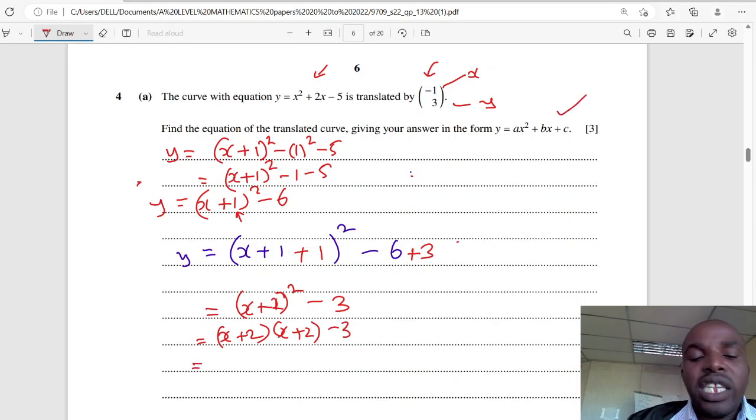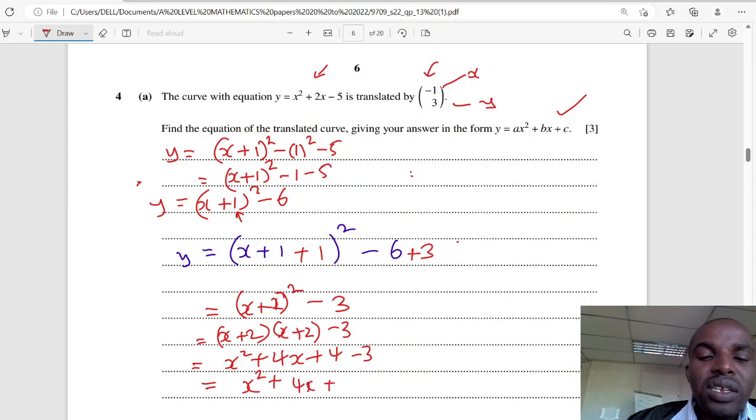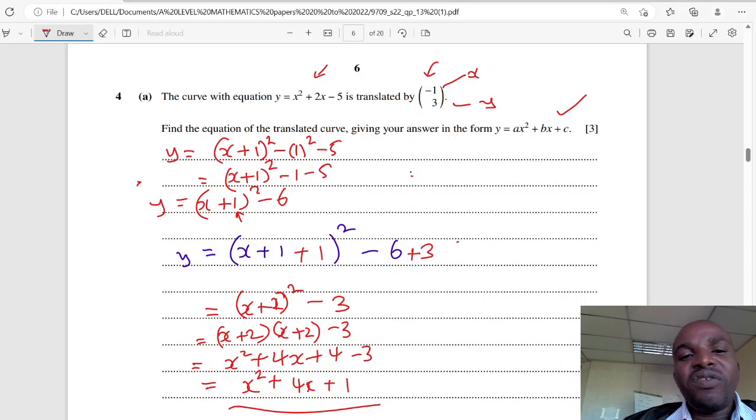So it's in expanded form. So it will be x times x squared, then x times 2x plus x times 2x plus 4x, then plus 4 minus 3. So it will be x squared plus 4x, then plus 1. So this will be the equation of the translated graph in expanded form. Just like that, right?